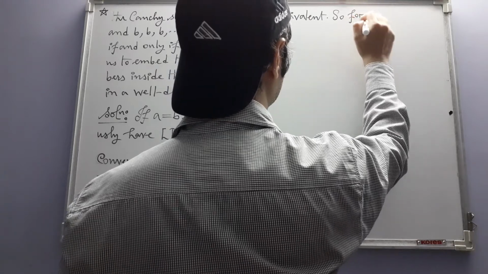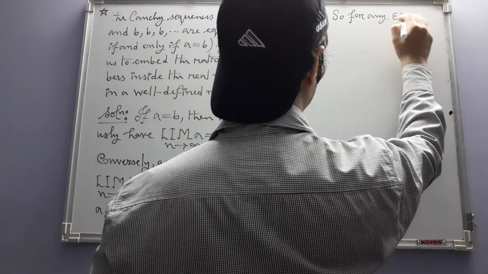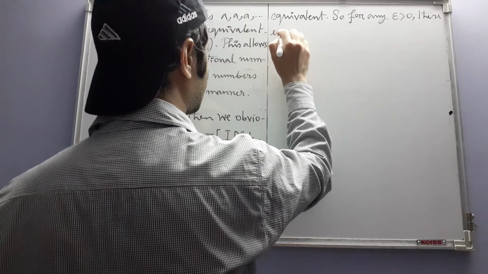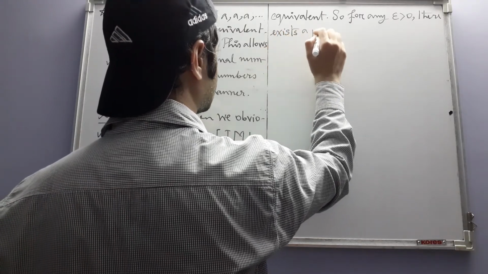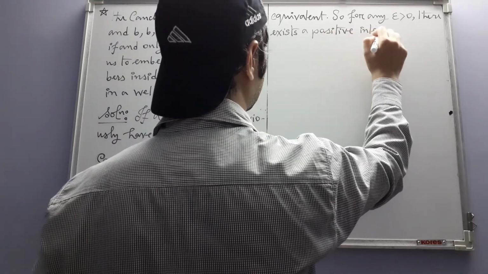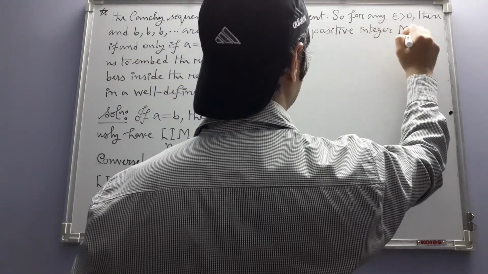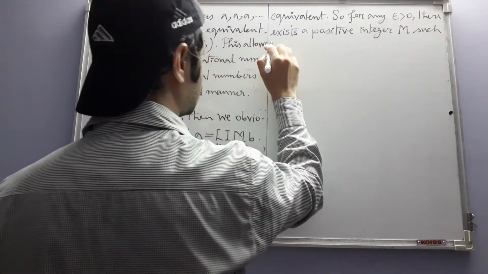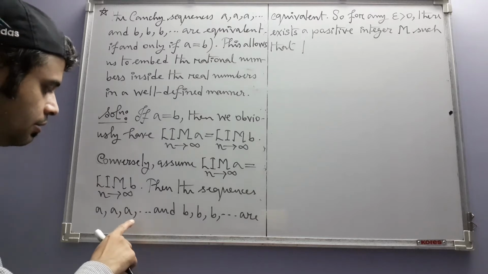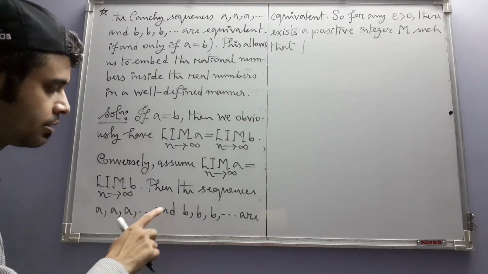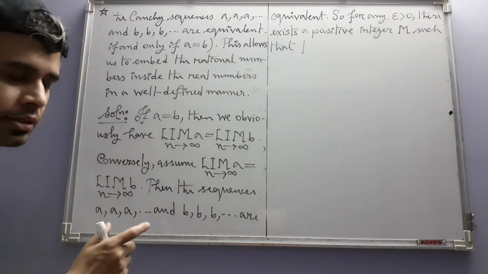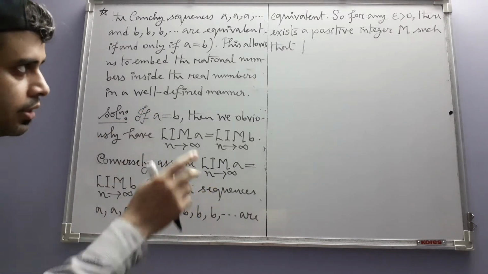So for any epsilon greater than 0, there exists a positive integer, say m, such that the absolute value of the difference between the nth term of the first sequence and the nth term of the second sequence is less than or equal to epsilon for all n greater than or equal to m.